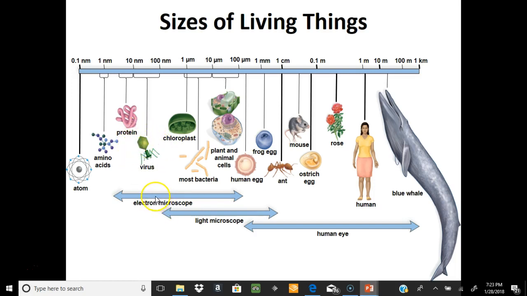So here, anything that's smaller than 100 nanometers in size, we're going to need an electron microscope to see. In this school, we don't have electron microscopes. We do have light microscopes, and they can allow us to see things up to 1,000 times bigger than what they normally would be. We will never see viruses with these microscopes, though.